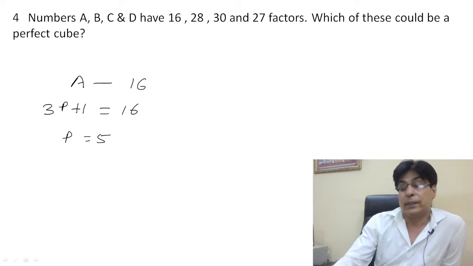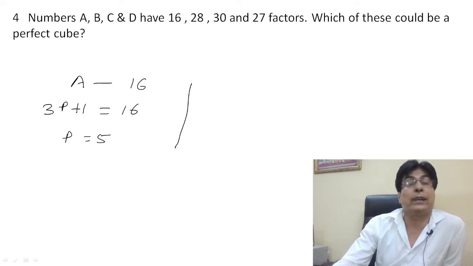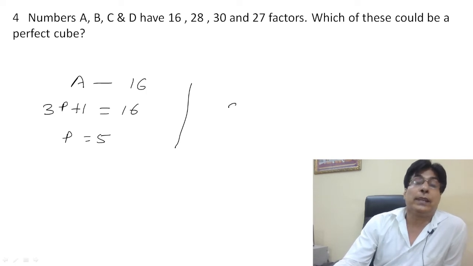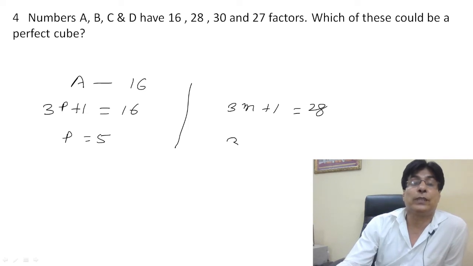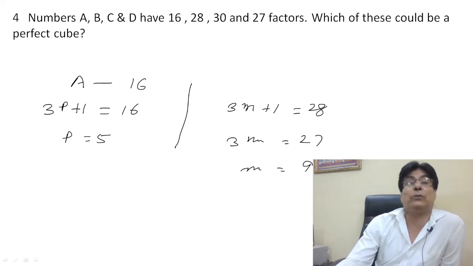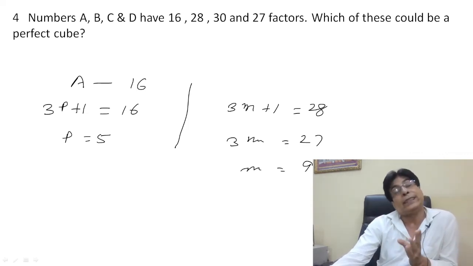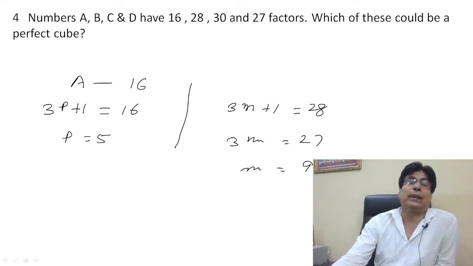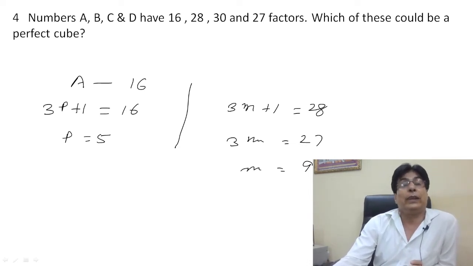Now check the second number. 3m plus 1 is equal to 28. So 3m is equal to 27, means m is equal to 9. It is also a cubic number. But when you check 30 and 27, they cannot be written in that form with m or p.